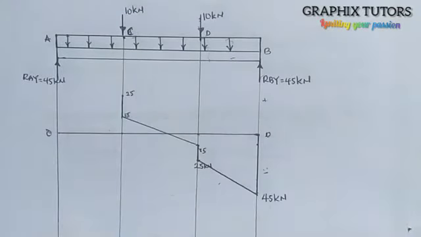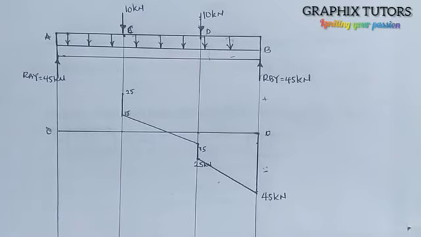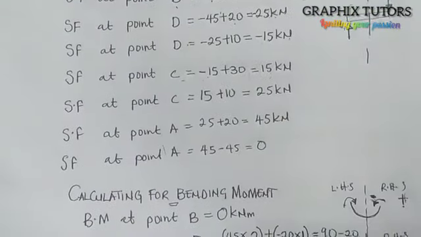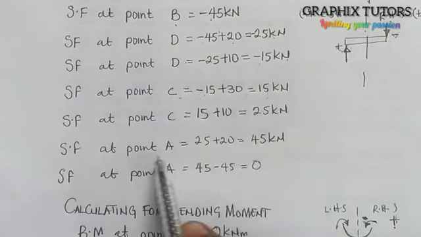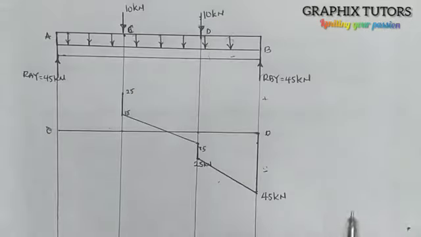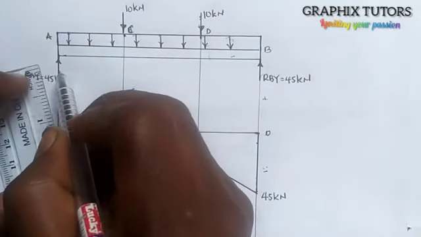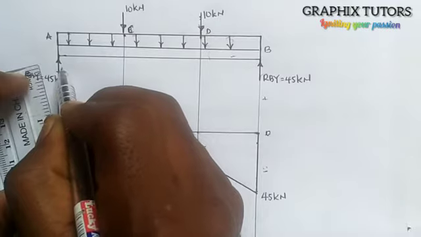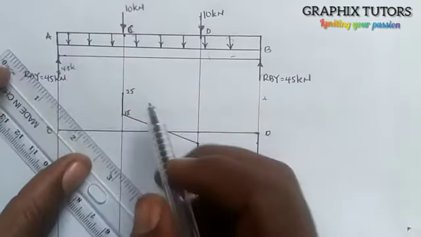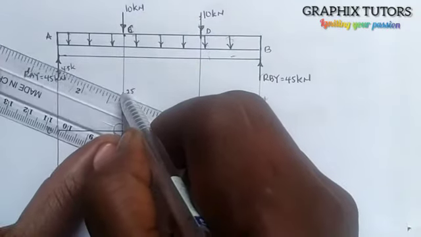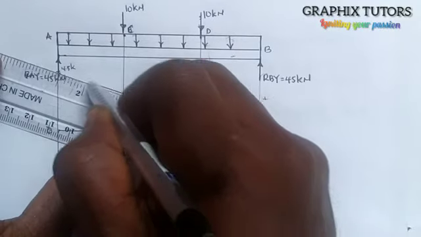Now the next one is shear force at A. Shear force at A is 45. So that means at A here is 45. So 45 should be somewhere around here, right? So let me call this point 45 kilonewton. So I will just take this line to that point 45.